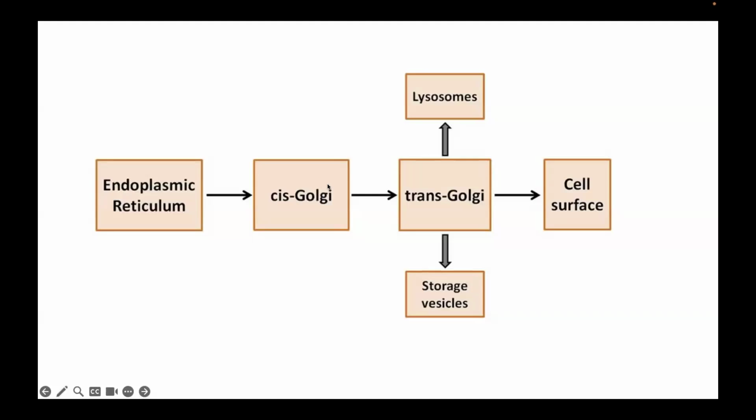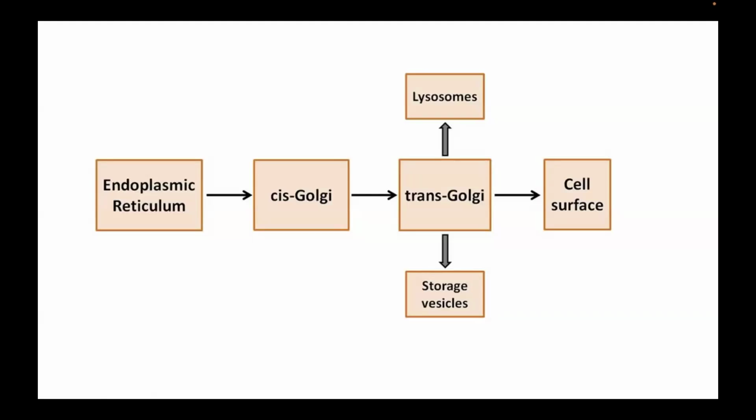And the Golgi actually histologically has several parts or layers. We have the cis Golgi and the trans Golgi. The Golgi apparatus will serve as the processing and the packaging center of the cell.